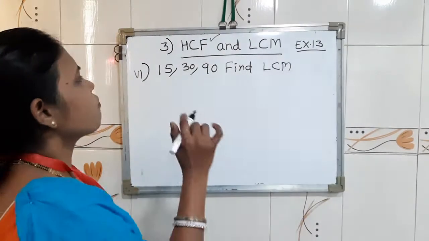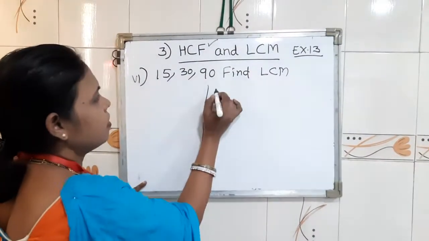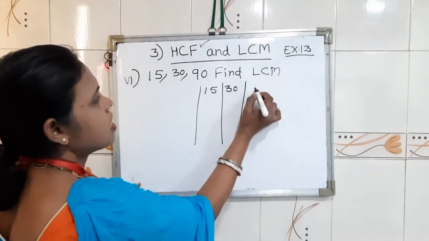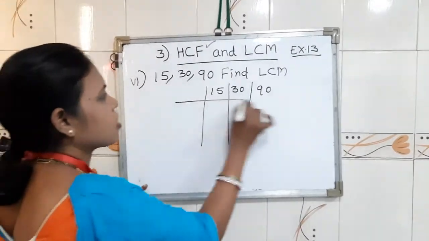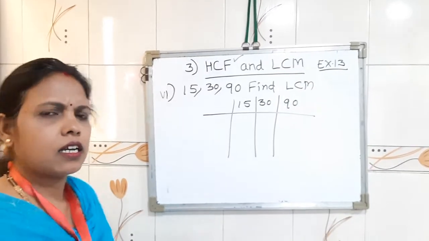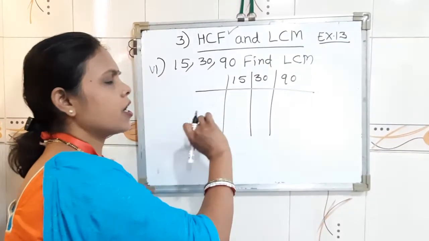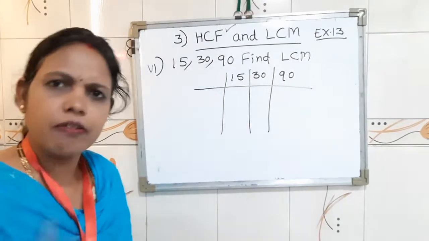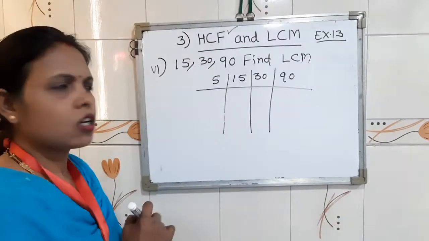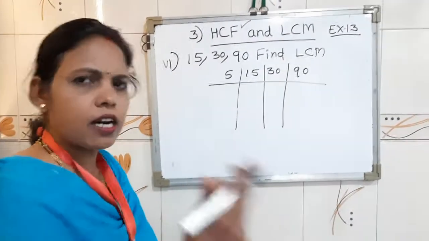In the same way, we will write 15, 30, 90. Then we will see by which number all three numbers will divide. We will select 5, or you can select any other number also.